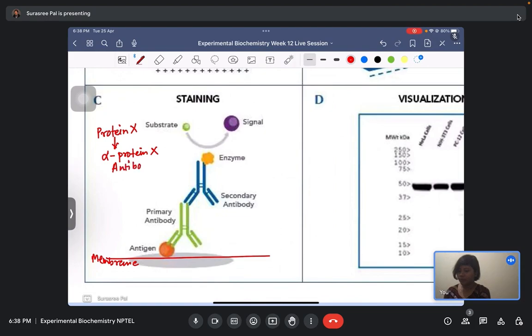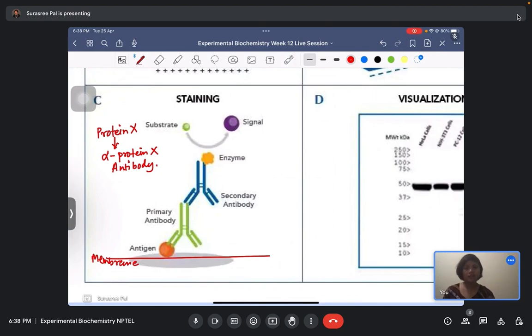If it is a commonly available protein, usually we have many antibodies which are designed for many specific proteins, and we can purchase that antibody also. Or if the antibody is not available, then we have to raise an antibody.